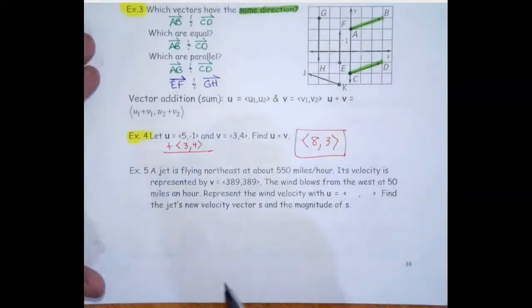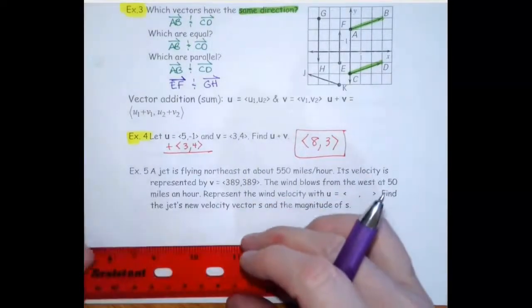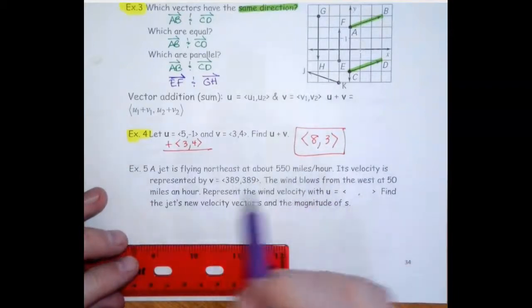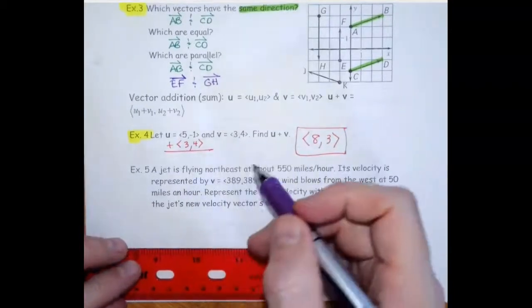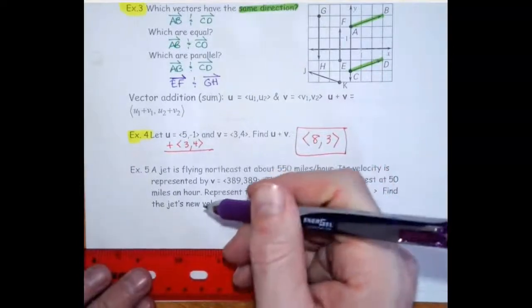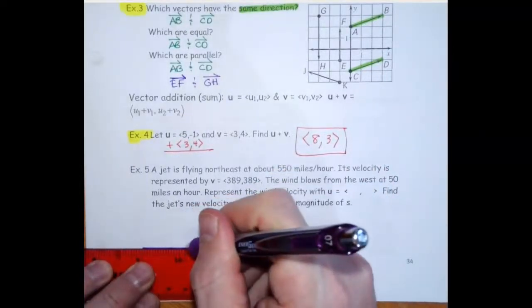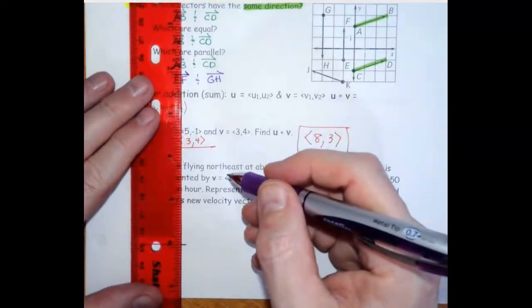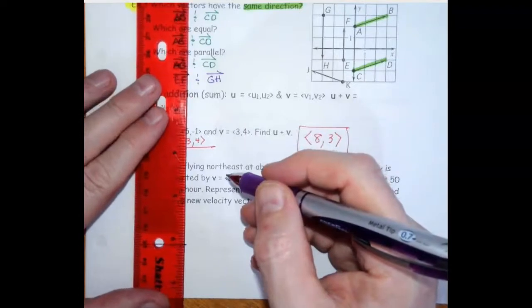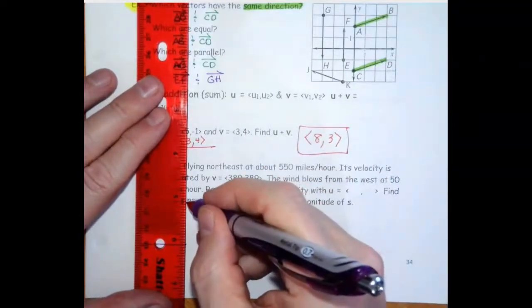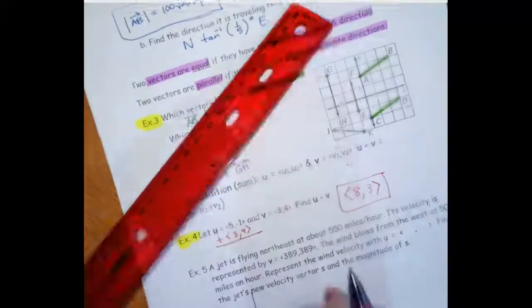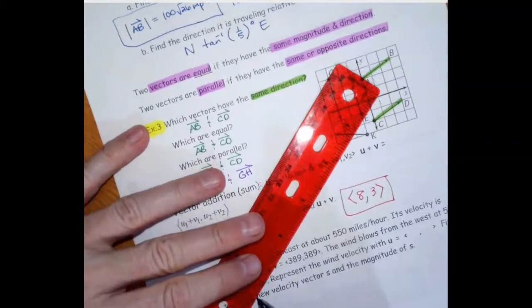So wrapping this up. We have a jet that is flying 389 miles northeast, 550 miles an hour. The component form of that vector is right here. So go like that, and leave myself enough room. Okay, so those are the components.